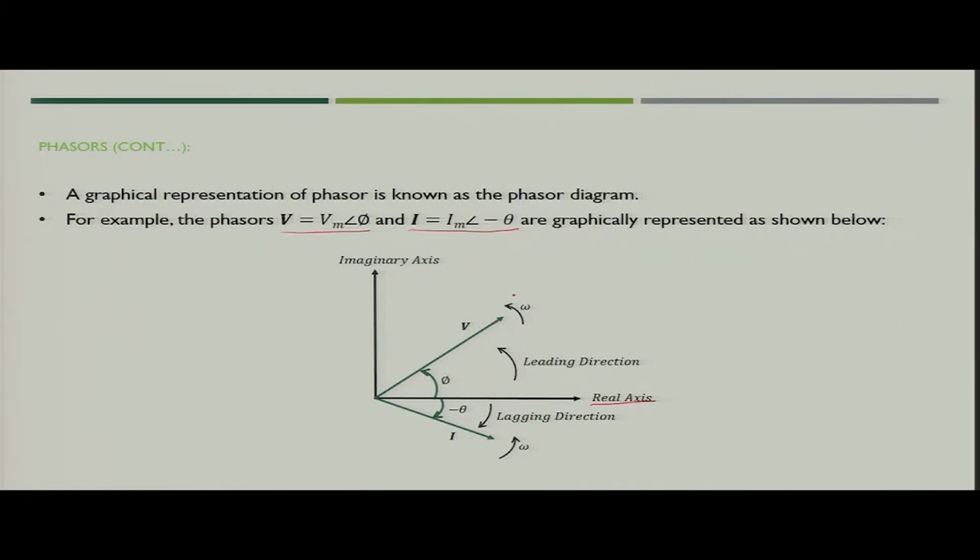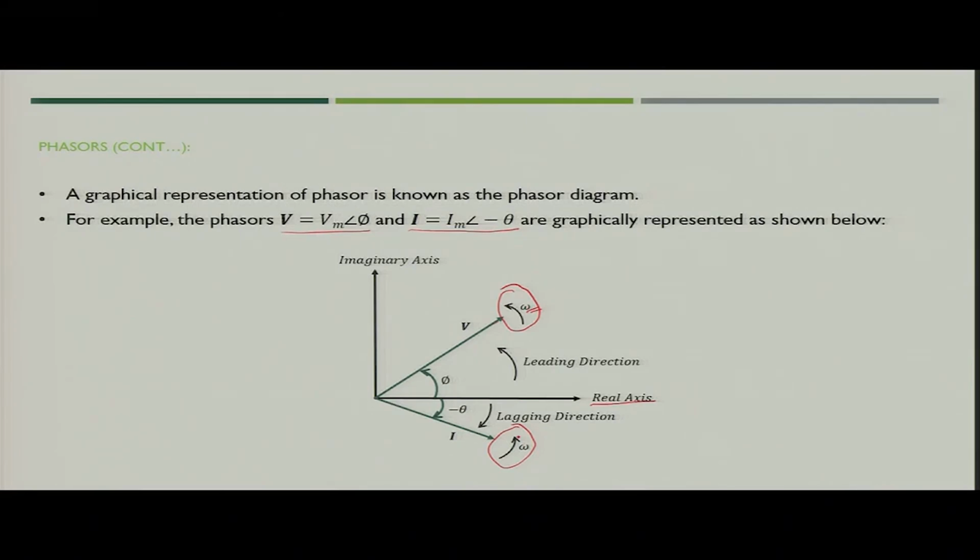Now, with respect to time, both would be rotating with respect to the stationary plane, that is the real and imaginary axis plane, because we dropped the e to the power j omega t term. Both phasors would be rotating in the frame with a constant angular frequency.